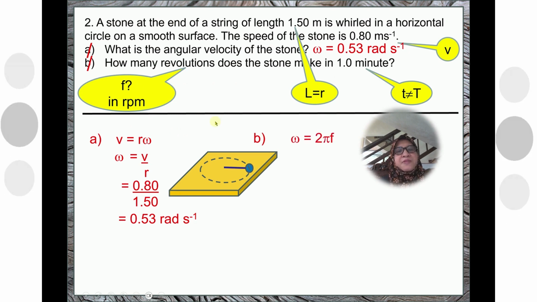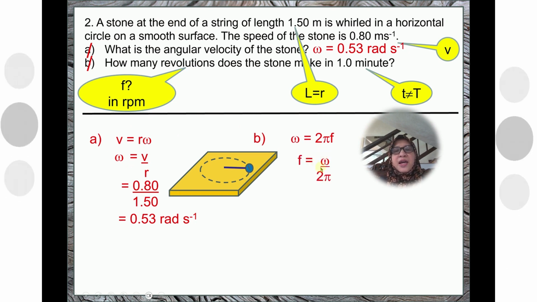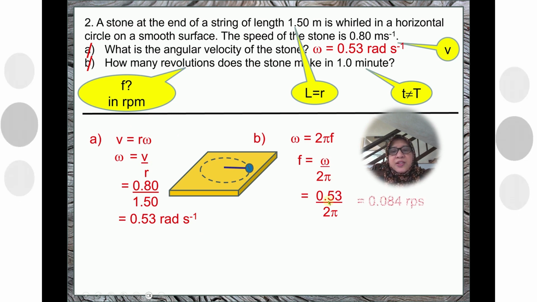f first. So to find f, we can use the angular velocity from A, which equals 2 pi f. So f is angular velocity over 2 pi. Okay, so we calculated already the angular velocity from A. We substitute into it here, and we get 0.084 revolutions per second.